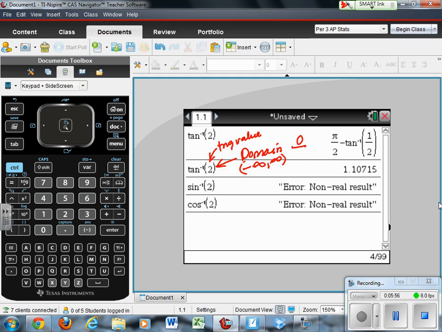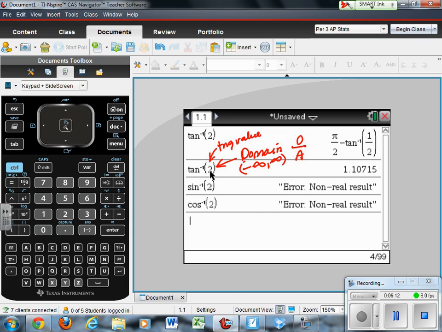Can the opposite side be bigger than the adjacent side? Certainly. So it's okay to have the number 2. That's perfectly reasonable. As a matter of fact, the opposite side could be 10 times bigger than the adjacent side, and this would be 10.